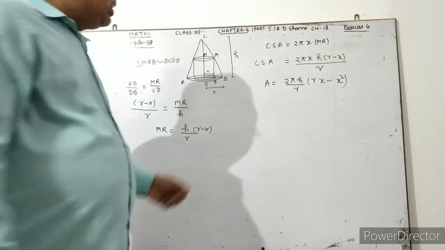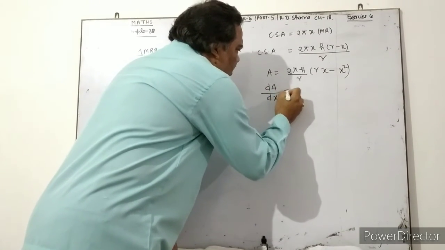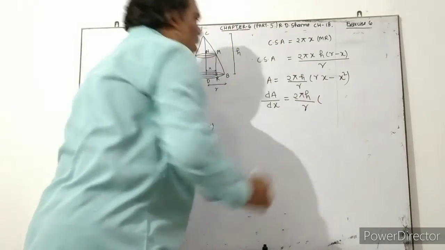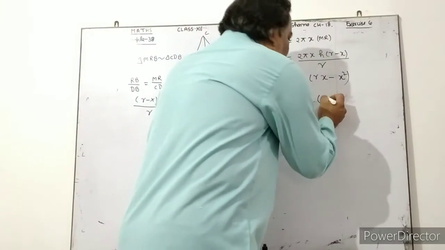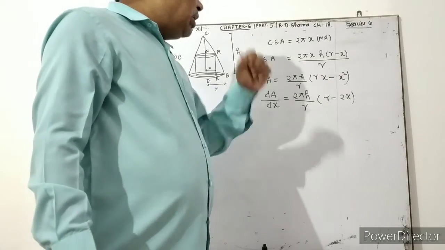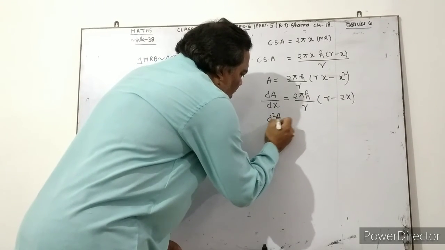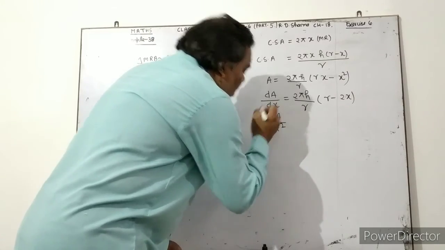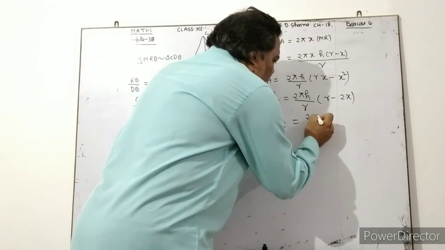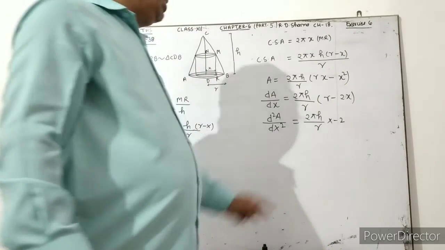Now differentiating, dA upon dx. What will dA upon dx be? 2 pi h upon r into (r minus 2x), since the differentiation of x is 1. Now what will you do with this? Differentiate it to the second order. Now second order: d2A upon dx square equals 2 pi h upon r into minus 2. This is constant.